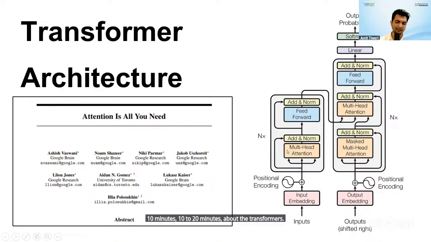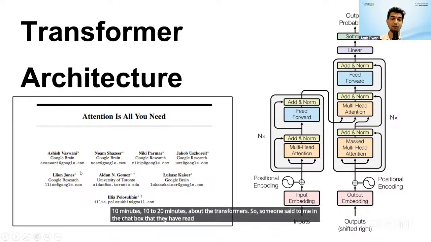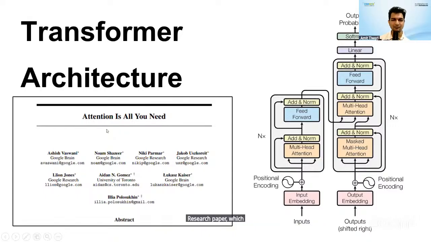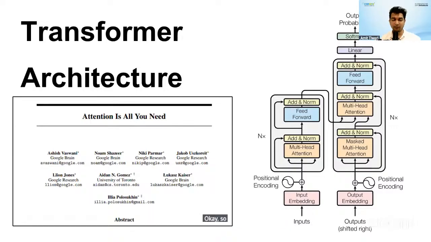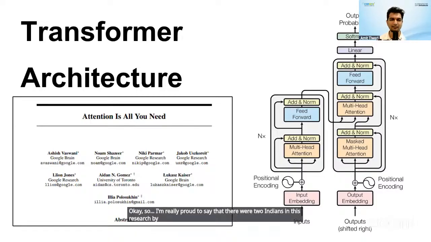So someone said to me in the chat box that they have read this beautiful research paper, Attention Is All You Need. This research paper came in 2017. I'm really proud to say that there were two Indians in this research by Google's DeepMind.